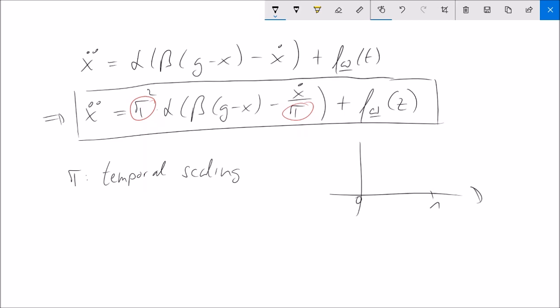And this tau defines then the real time in which you really want to do your trajectory. So the bigger the tau, the faster the trajectory will run through.